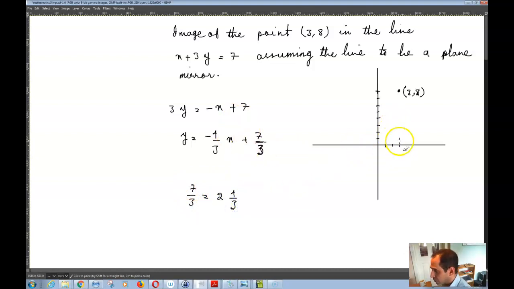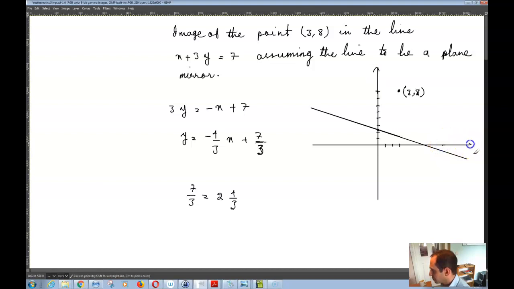So 2 and 1/3 is your y-intercept, which is some point over here, and negative 1/3 is your slope, which means that for 3 horizontal units of change, you will have negative 1 unit of vertical change. So 1, 2, 3, and you would end up somewhere over here. Of course, these are not very accurate, but this would be your line.